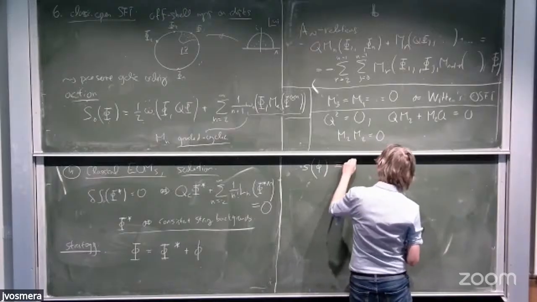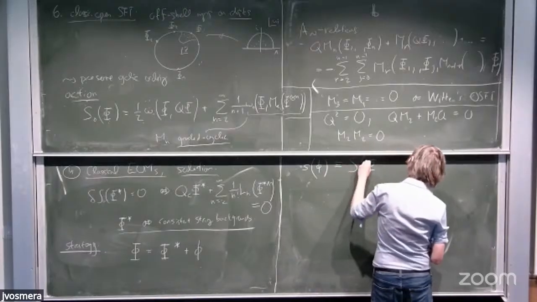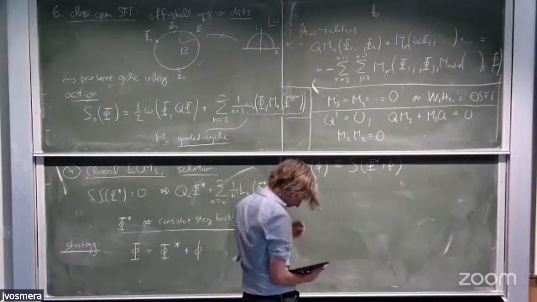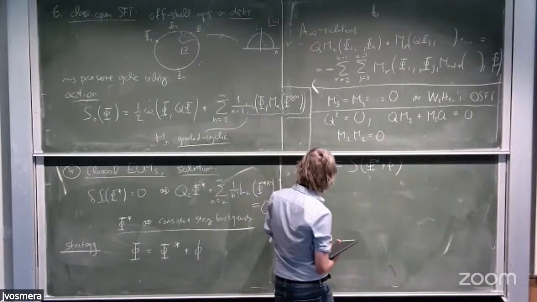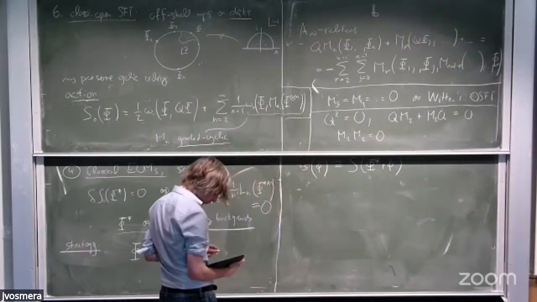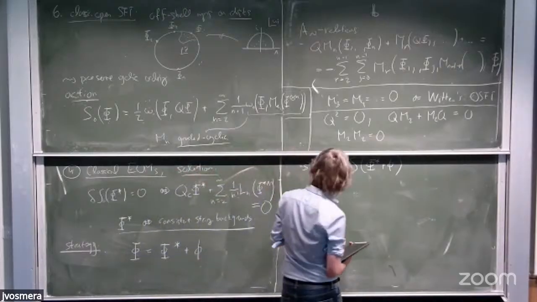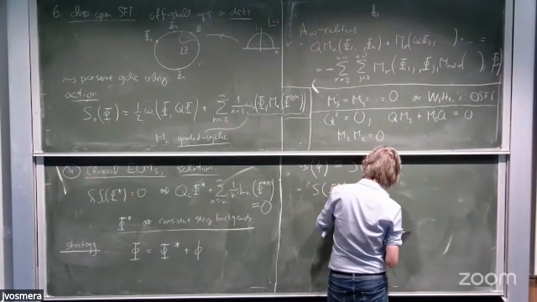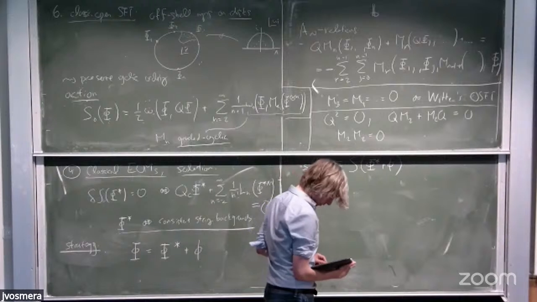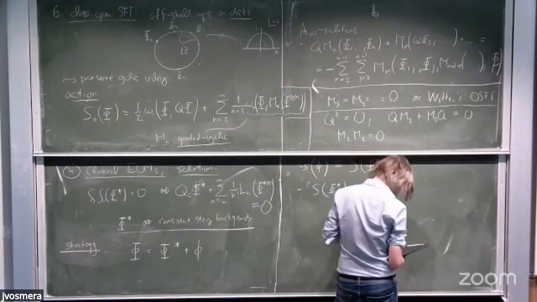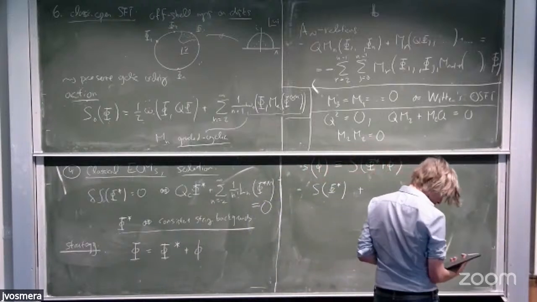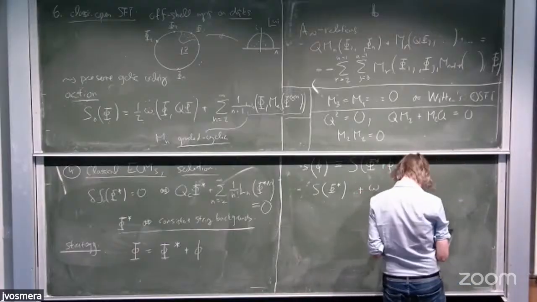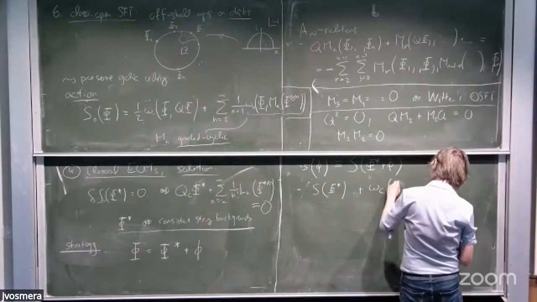So by definition, this is S of capital Phi star plus lowercase phi. Now let's see what we get, right? First of all, what we get is just a constant, which is the on-shell value of the original action. Let me make some comments about this on-shell value later, but now let me continue the expansion procedure so as not to lose momentum.